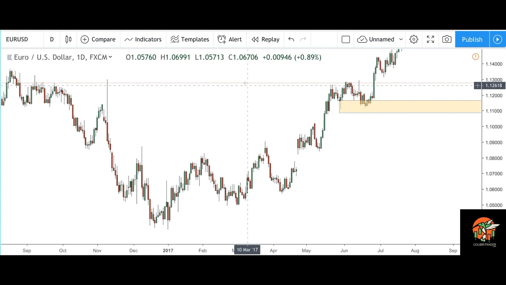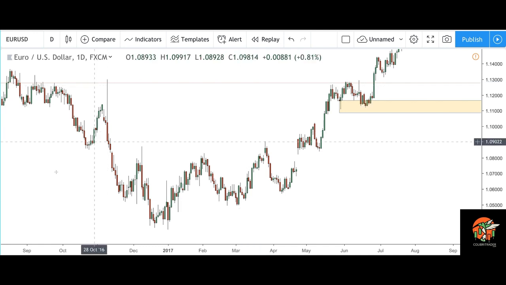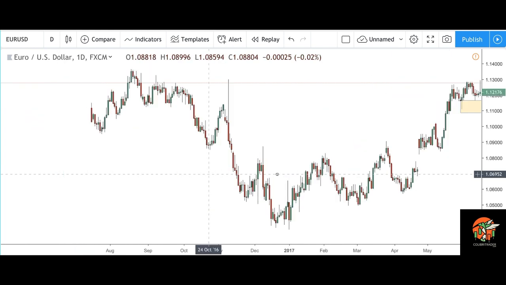These are probably the most accurate trading setups, and in my experience they have made a major difference in my trading. So that's something you should definitely consider, guys.